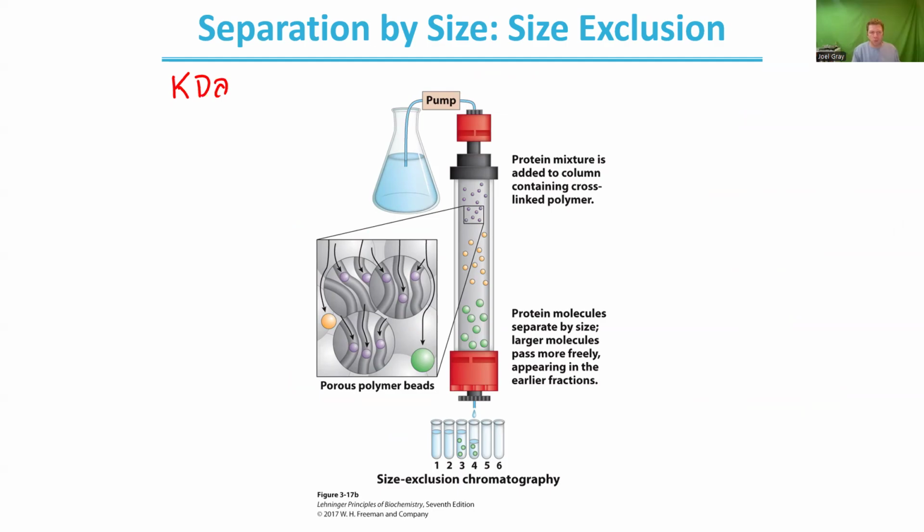Just to give you a little bit of an idea, one amino acid is an average of 107 daltons, which is the same as 0.107 kilodaltons. So if you have a protein that's 100 amino acids long, that is about 10.7 kilodaltons.